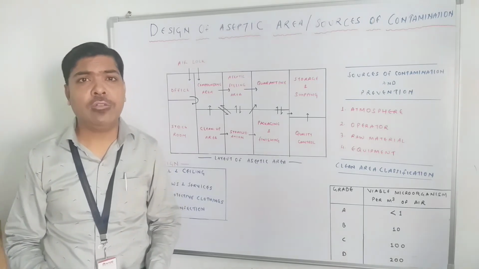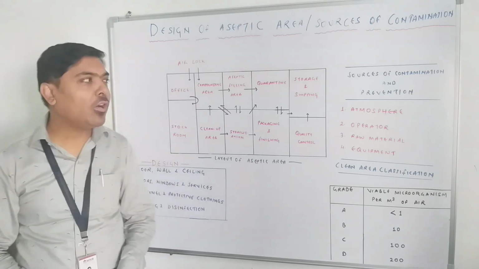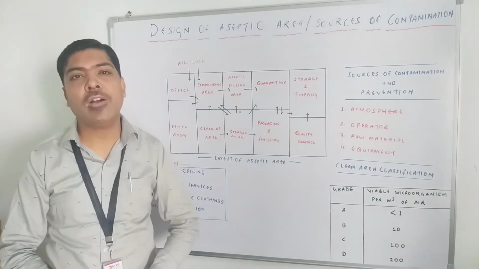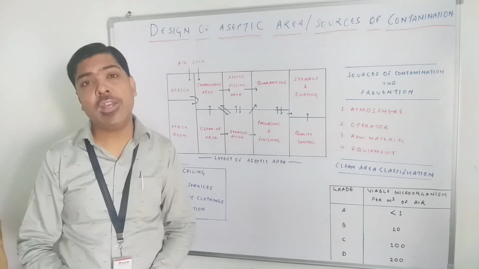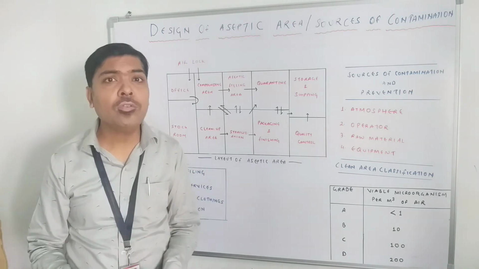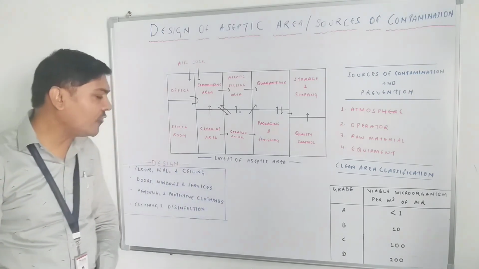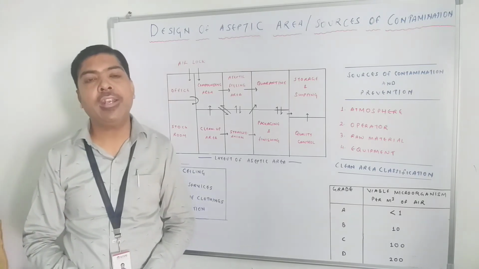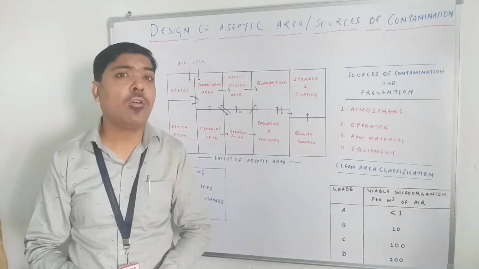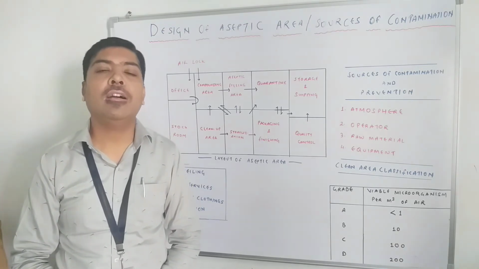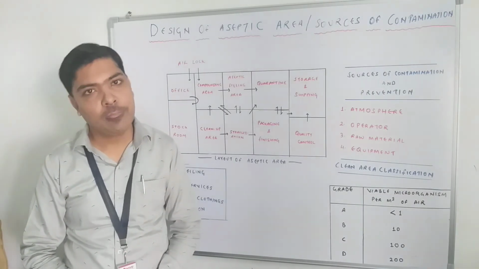So in this video lecture, we'll discuss what the basic design or basic layout should be of the pharmaceutical industry in which we are preparing this category of product. We'll also discuss the different design components that need to be incorporated while designing any laboratory or aseptic area for the production of sterilized pharmaceutical products.